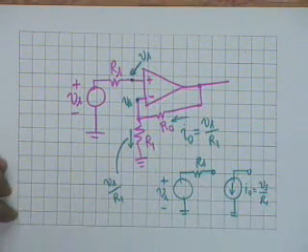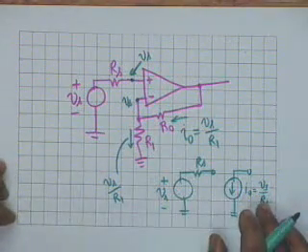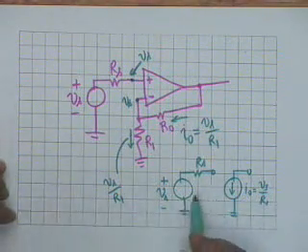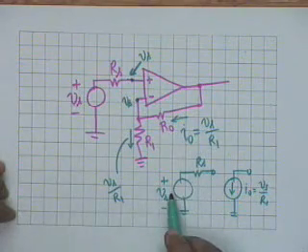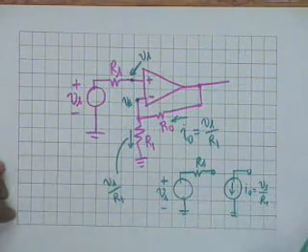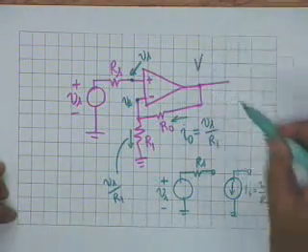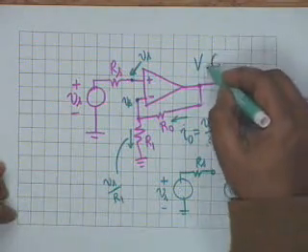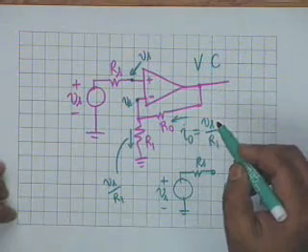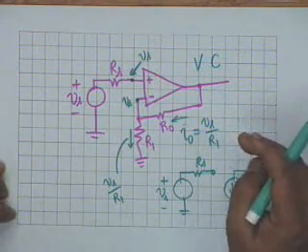All right. This is the circuit. Don't you see that this is a voltage controlled current source? All right. So this is called a voltage to current converter. Voltage to current converter.